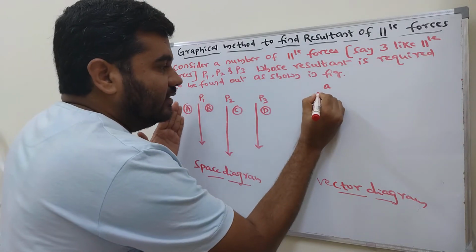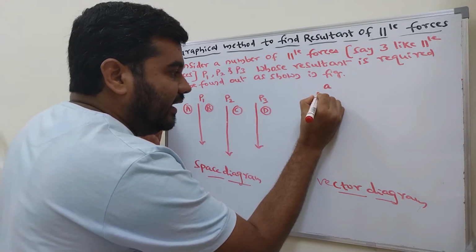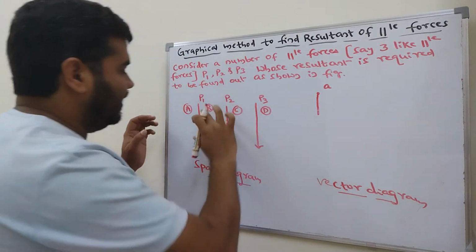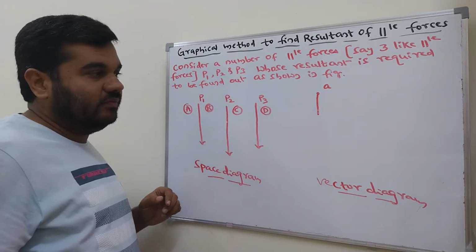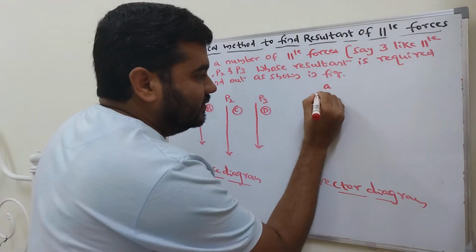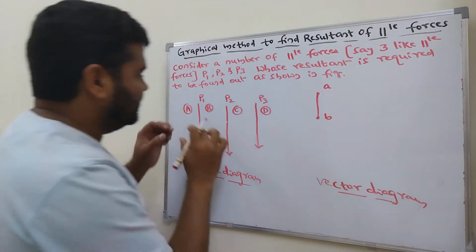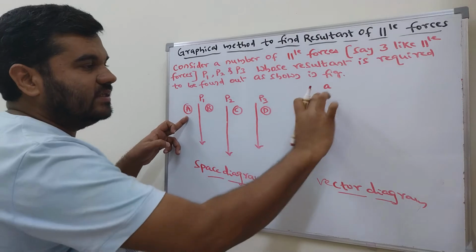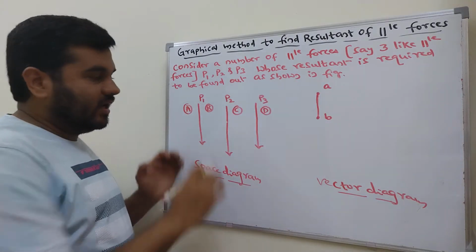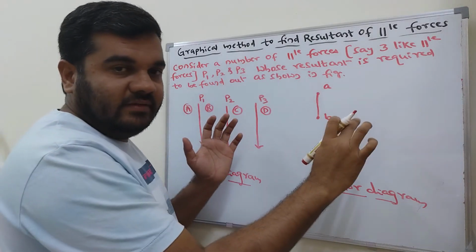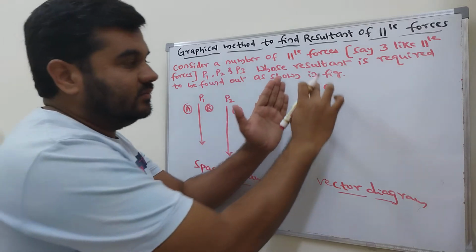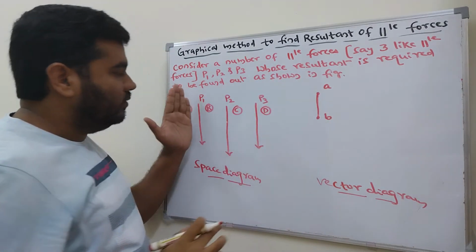Start with A and draw a line parallel to P1. This is AB, the first force. You have converted it to scale and drawn it exactly parallel to force P1.